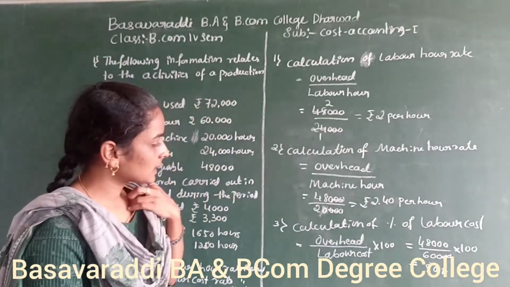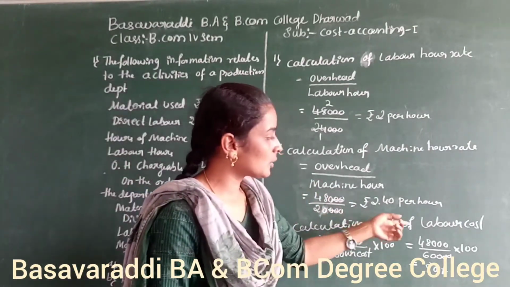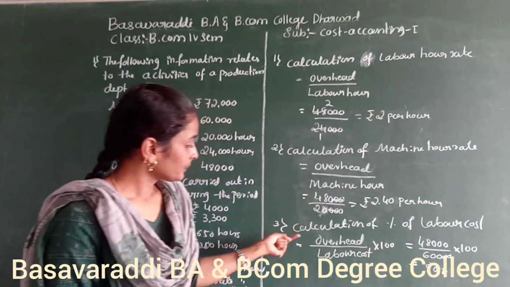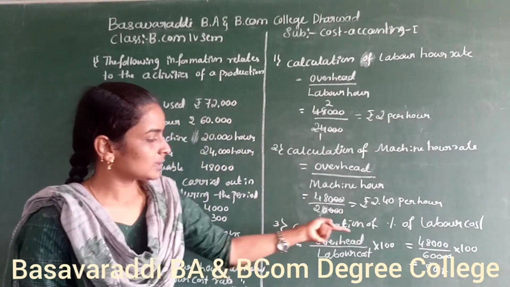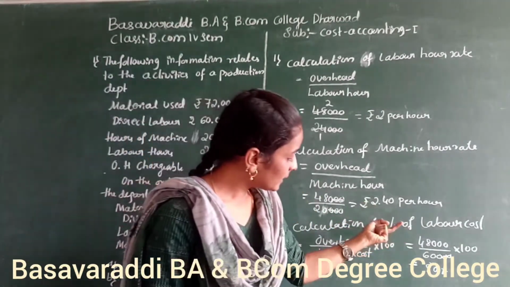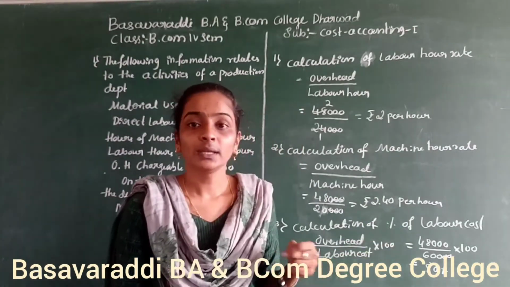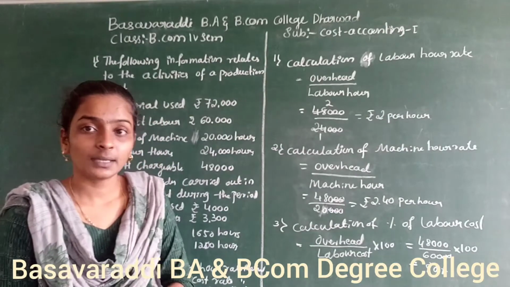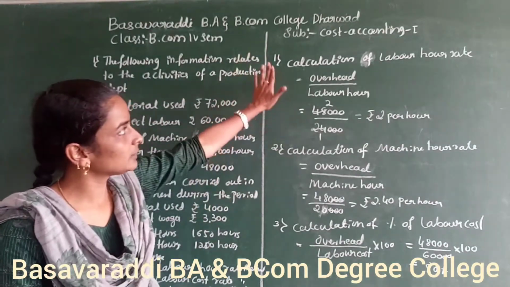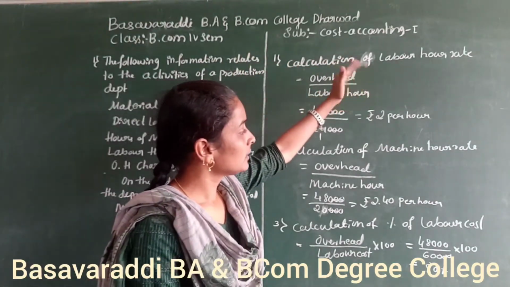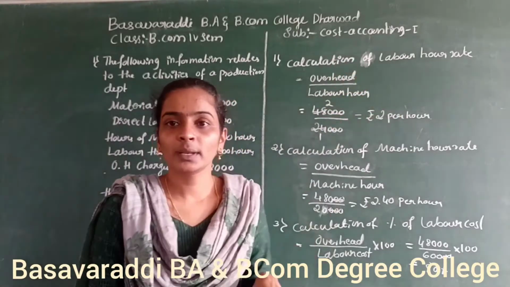The next one is calculation of percentage of labor cost. Overhead divided by labor cost into 100. Overhead is 48,000, labor cost is 60,000 into 100. That is 80%. First we have to calculate the labor hour rate, machine hour rate and overhead percentage.